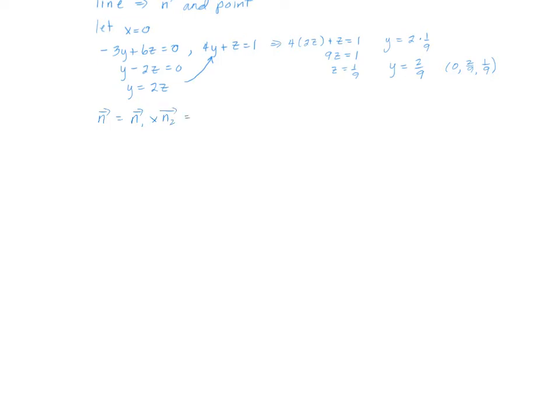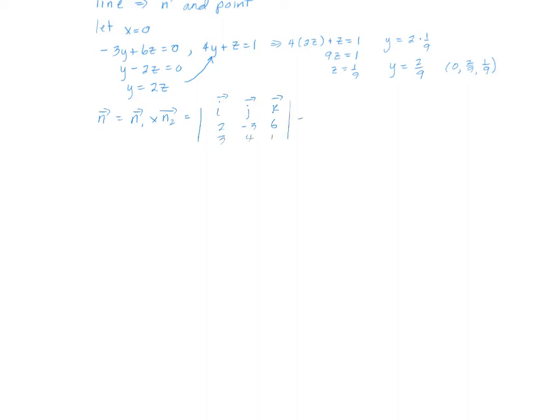I could have done n sub 2 cross n sub 1, because remember, this is not a vector that I'm trying to find the equation of. It's a line, so it's going to go in both directions. So I'm going to have my i, j, k. n sub 1 is 2, negative 3, 6. n sub 2 is 3, 4, 1.